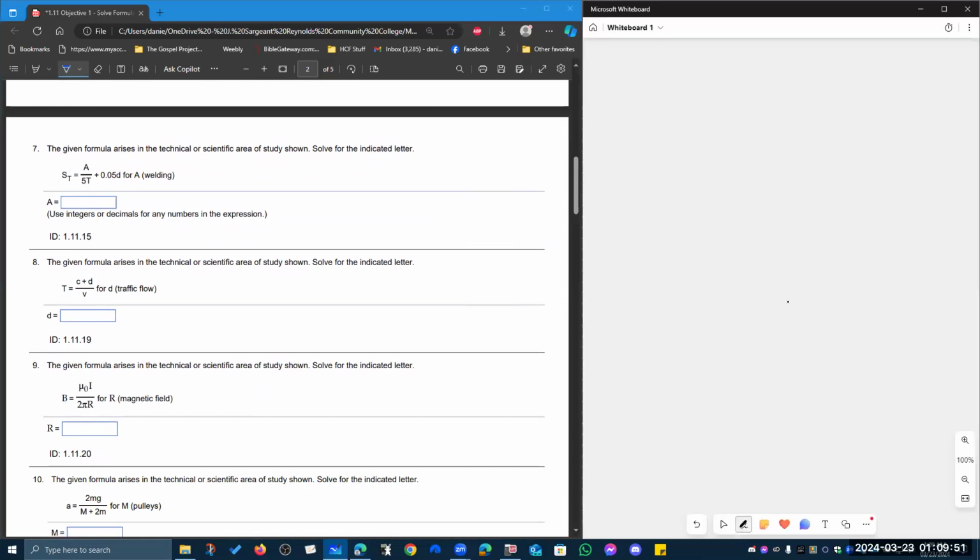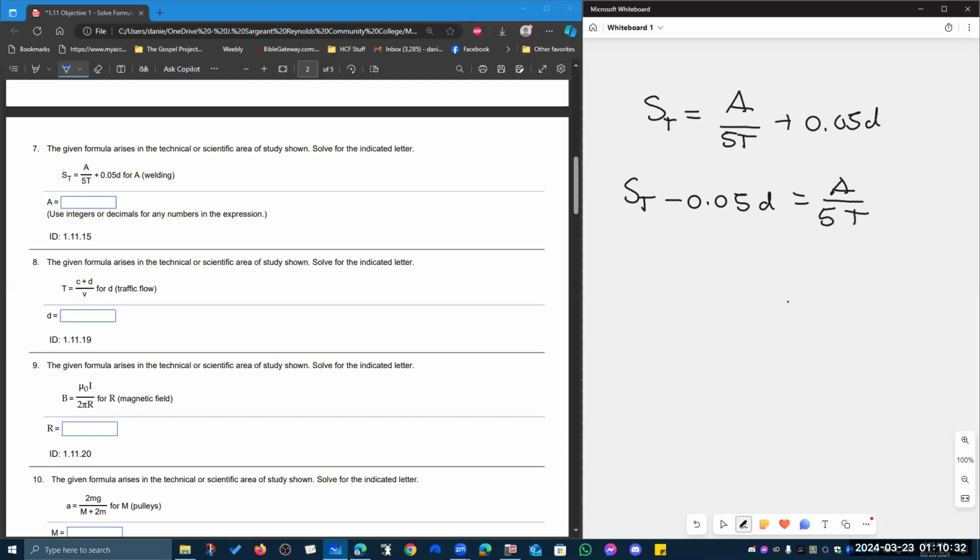Our next formula here is capital S sub t is equal to A over 5t plus 0.05 lowercase d. We're going to solve for A. Subtract both sides by 0.05d. So S sub t minus 0.05d is equal to capital A divided by 5t.